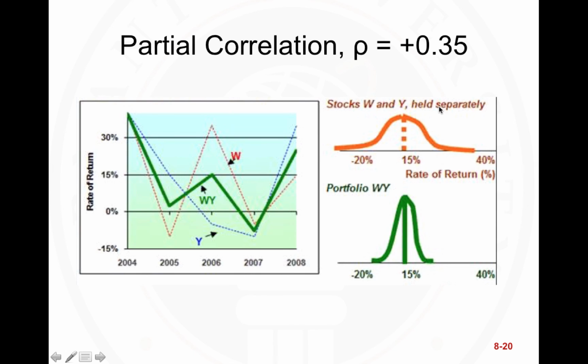What happens in reality? The correlation is about 0.35, so they're not perfectly correlated. So what happens is when company blue here goes down, the other company starts going up a little earlier. They kind of go together at some point, but not by the same amount. They have different slopes. This means that the portfolio return goes here in the middle of the two.